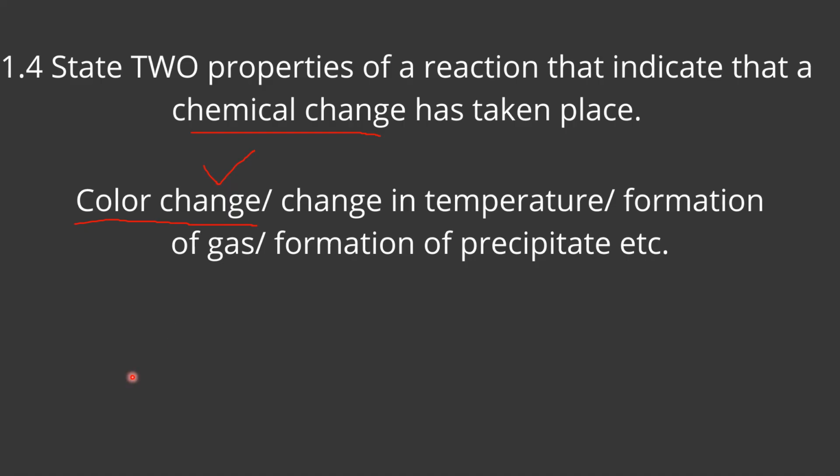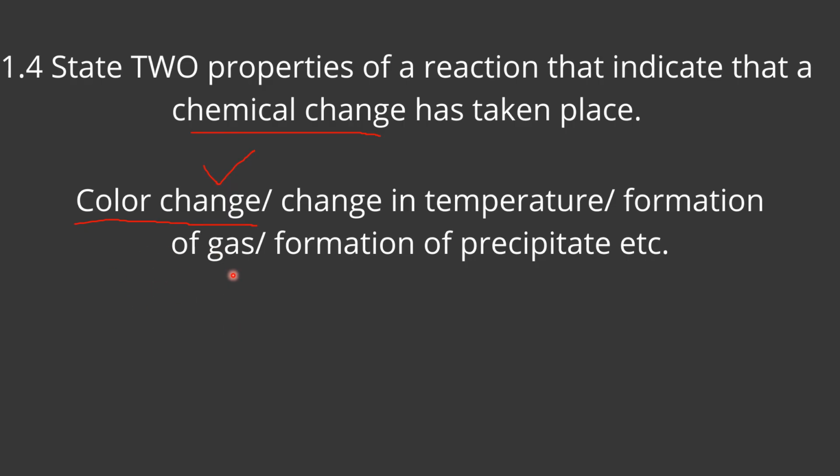So you add a certain chemical to another, place them in a beaker or a cup, and when you hold that cup, you feel that it's actually getting warm. Then that's one of the ways that will inform you that a chemical change has taken place, right? Another example is the formation of a gas. Sometimes when you add two liquids together, carbon dioxide will be released, and you will see some bubbling in your cup.